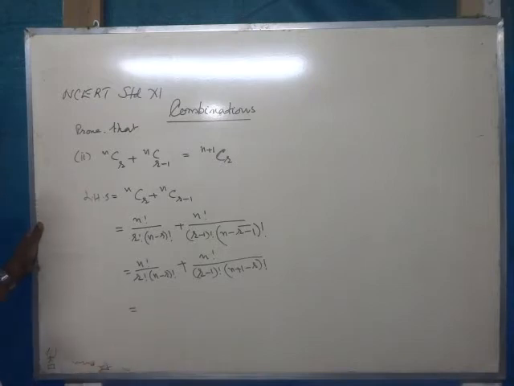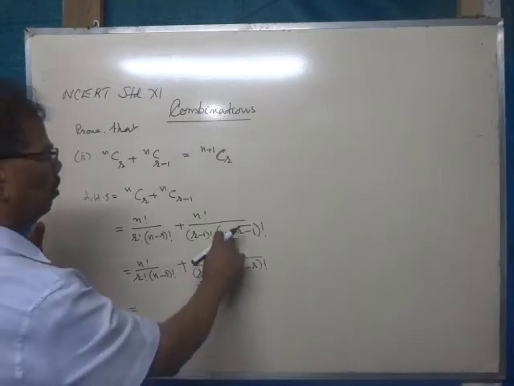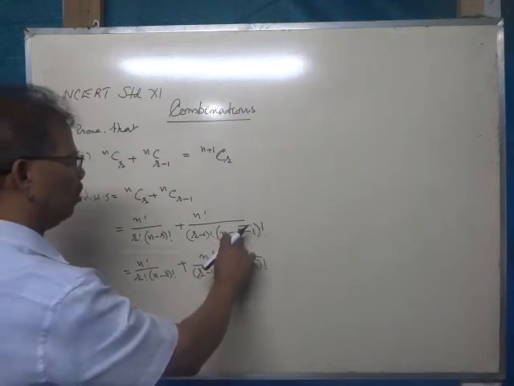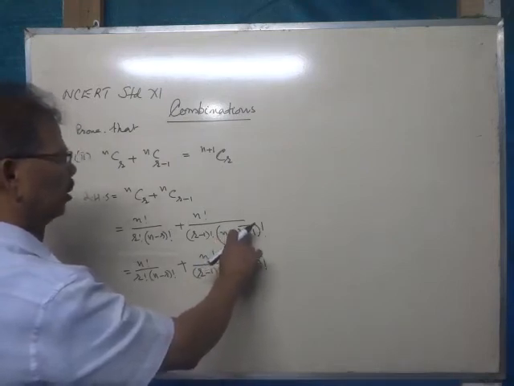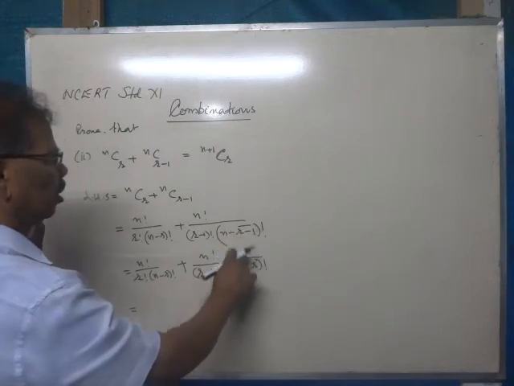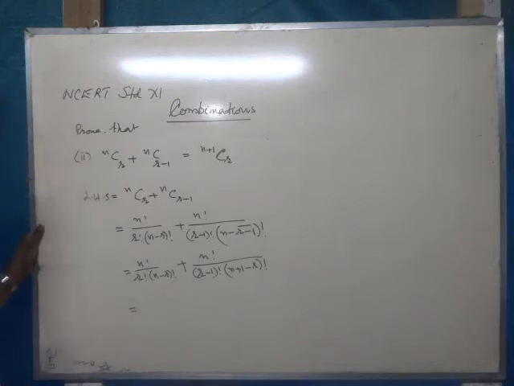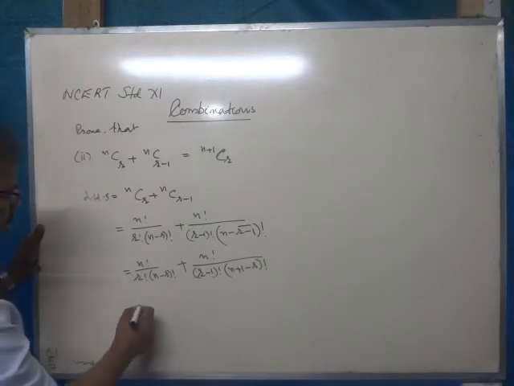Now, how this n plus 1? Minus of r minus 1: r becomes negative and this negative 1 becomes positive. Minus of minus 1, that is n plus 1 minus r. Now, n factorial is common.